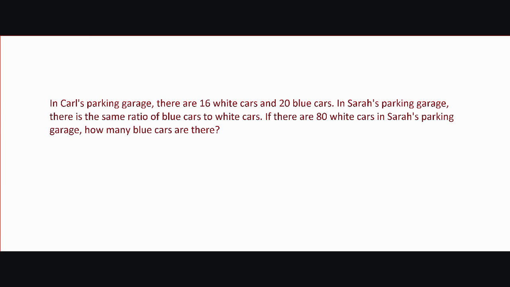So first thing is first, let's take a look at the garage that Carl has, and we want to look at the ratio of the cars in his garage. Now, specifically, what ratio are we looking for? We are looking for the ratio of blue cars to white cars. So the number of blue cars in Carl's garage is 20.